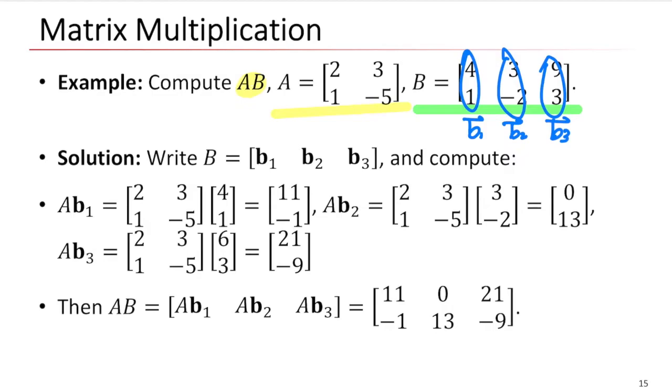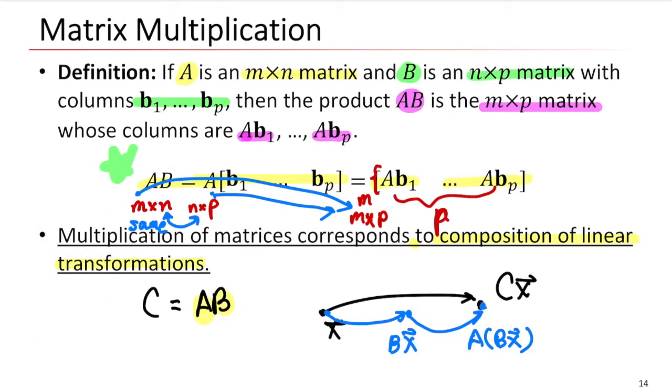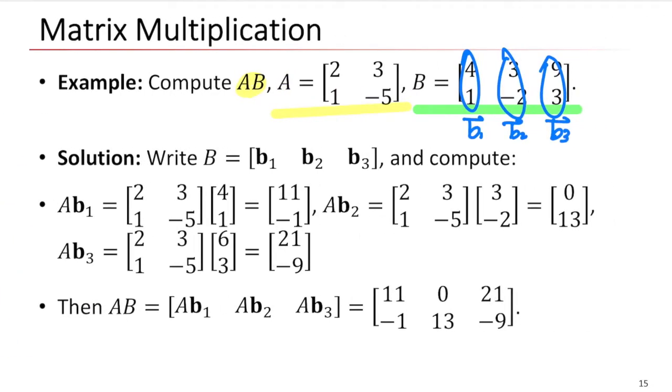Then we have to compute this. So what is A times vector b1? There is the matrix A with the vector b1, right?